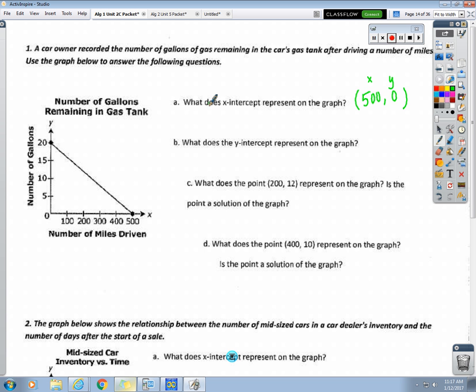You think that's possible? You're on the right track, Peyton. How about after 500 miles were driven? He had 0 gallons. Right.